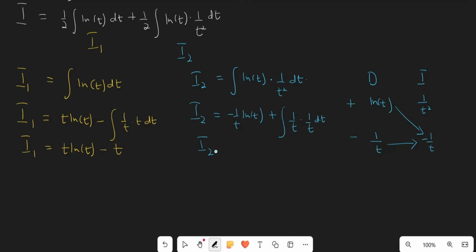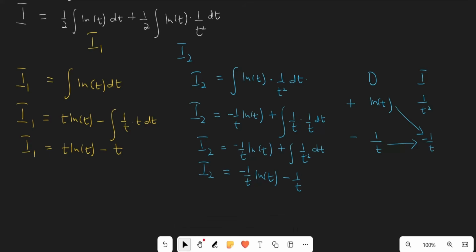So I2 is going to be equal to negative 1 over t ln of t plus the integral of 1 over t squared dt. Integrating 1 over t squared is negative 1 over t. So this is the integral for I2.